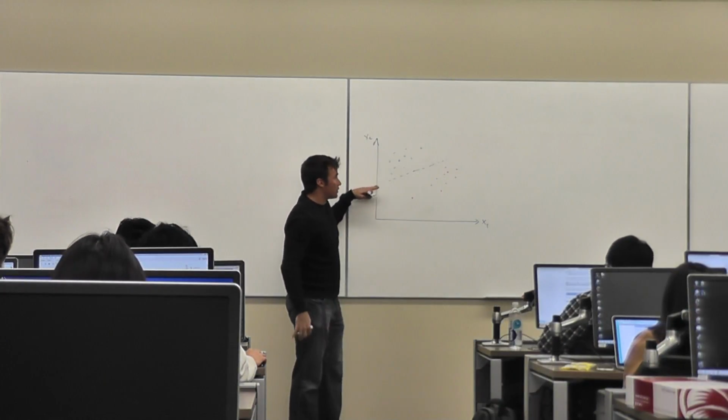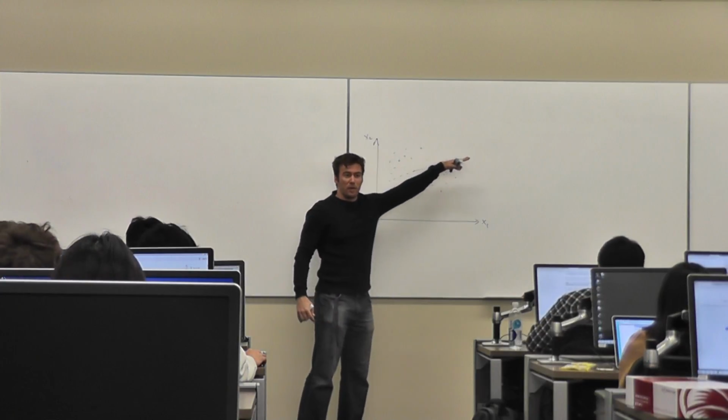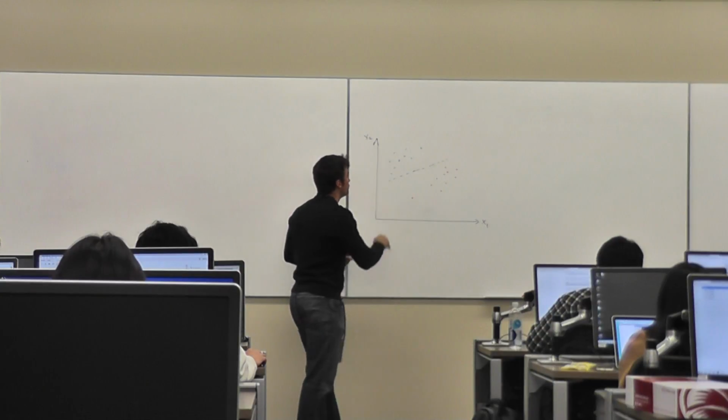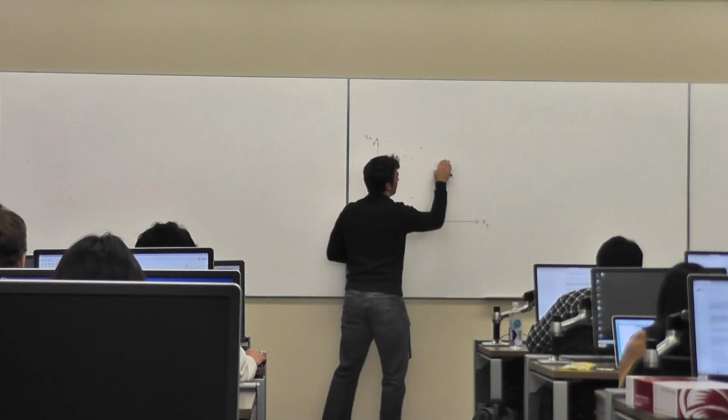The idea of the support vector machine is don't just use any hyperplane that can separate the data. We're going to choose one that maximizes the separation between the data.